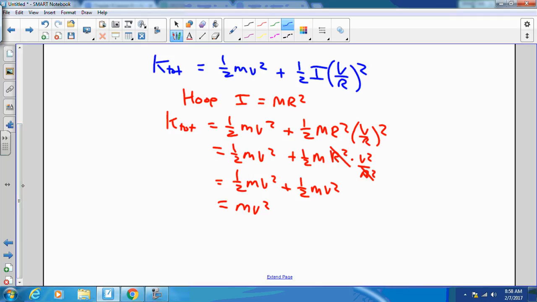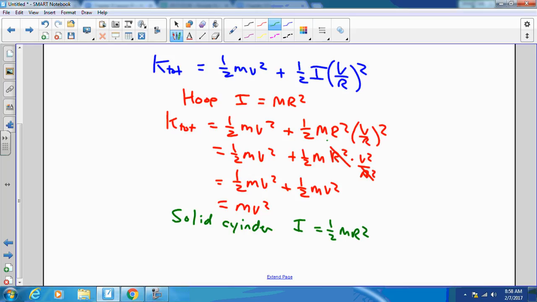If, on the other hand, we have a solid cylinder, then the moment of inertia is going to be simply 1/2 mr squared.